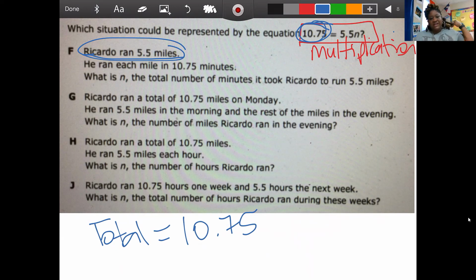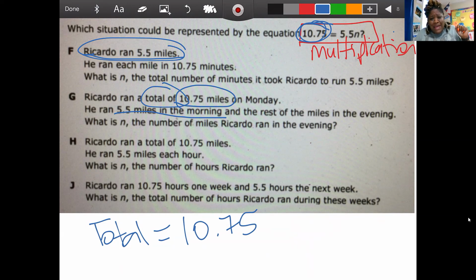G, Ricardo ran a total of 10.7 miles on Monday. Okay, so our totals add up here, a total of, let's keep reading. He ran 5.5 miles in the morning. So say today is Thursday. So this morning, I'm too big to run 5.5 miles, but just in case I wasn't, I was jogging it out. 5.5 miles I ran this morning.